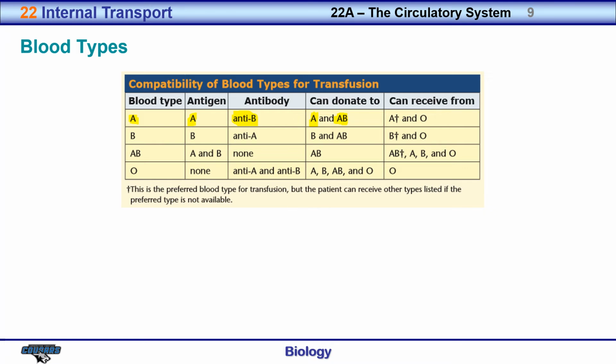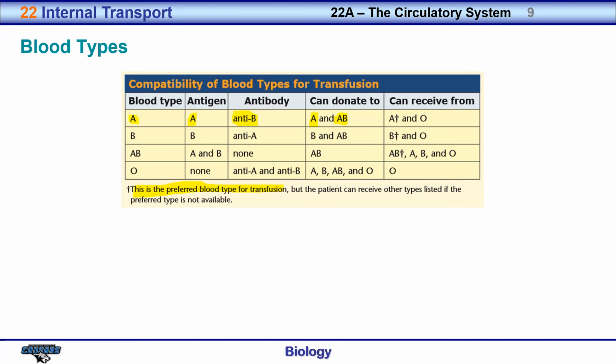Now, on the other hand, if you are the person with type A blood, from whom can you receive blood? Well, obviously you can receive A, and if you'll notice a little dagger right here, down here it says this is the preferred blood transfusion for a person. So obviously if you have type A, they would like to give you type A blood. But what if there's no type A blood available at the time that you need your transfusion?